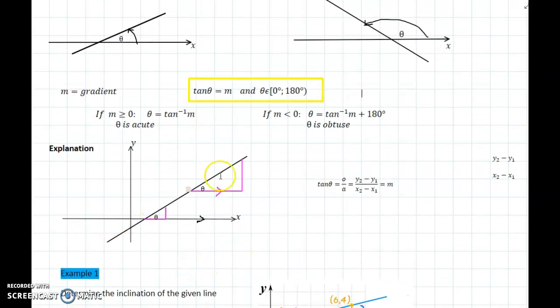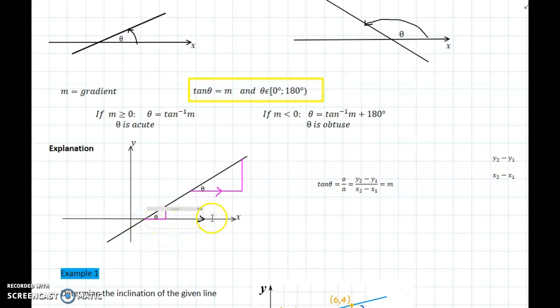So here's a line here, and if I work out the gradient of this line, we know it's the change in the y over the change in the x, and we can take any 2 points of the line and we'll get the same gradient. Because remember, gradient is a ratio, the change in the y over the corresponding change in the x. And here you see I've got theta would be my inclination, the angle between the line and the positive direction of the x-axis.